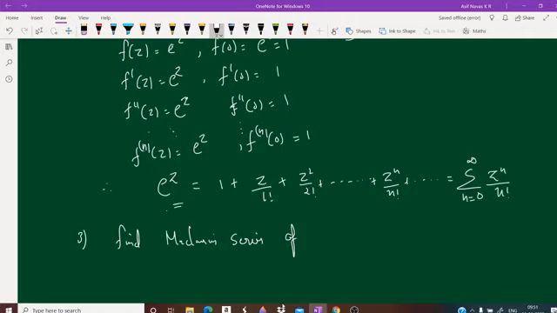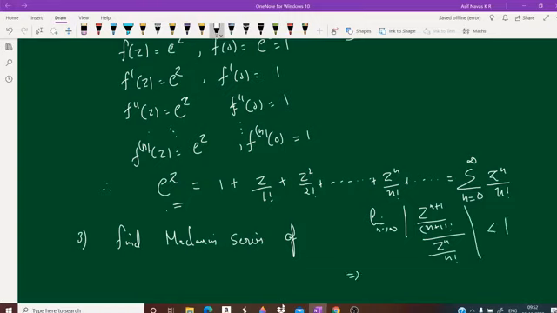What you will do is take the limit n tends to infinity of mod z power n plus 1 divided by n plus 1 whole factorial, divided by z power n by n factorial, and this is less than 1.